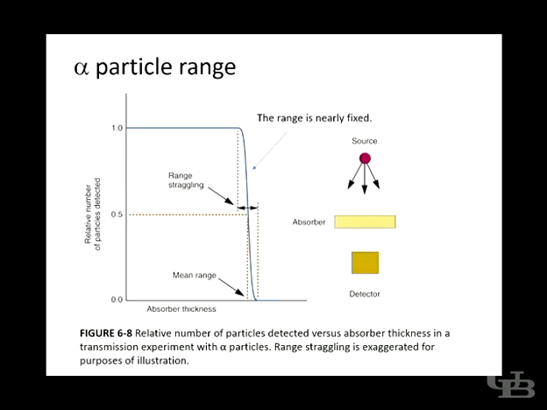And this graph on this slide shows the alpha particle's range. This is how far the alpha particle can get into the interacting matter. And this is the relative number of alpha particles at each depth.